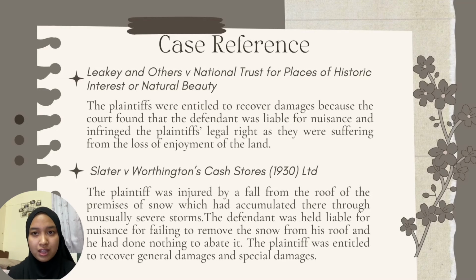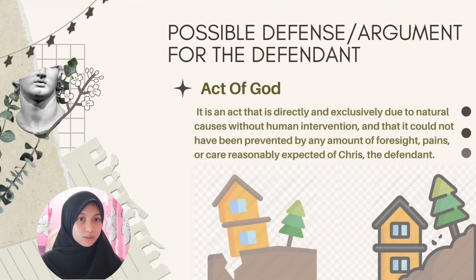The defendant was held liable for nuisance for failing to remove the snow from his roof, and he had done nothing to abate it. So the plaintiff was entitled to recover the damages, which is general damages and also special damages.